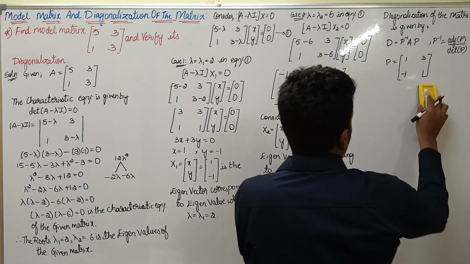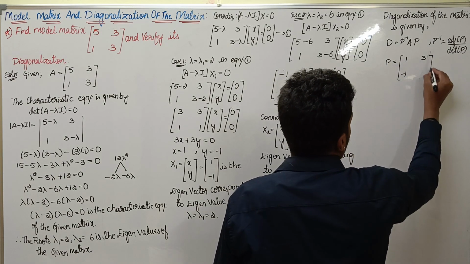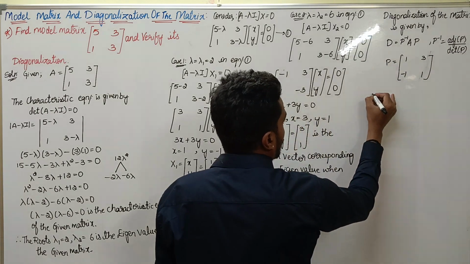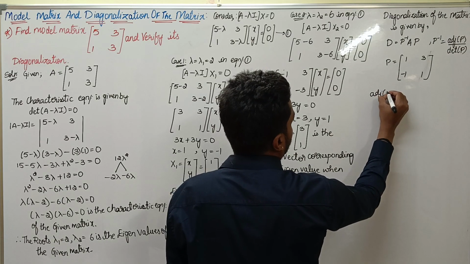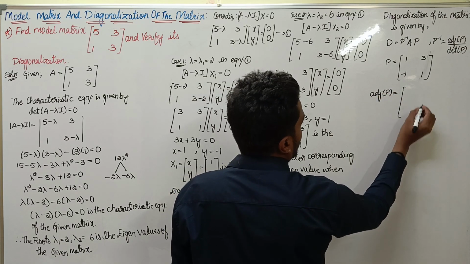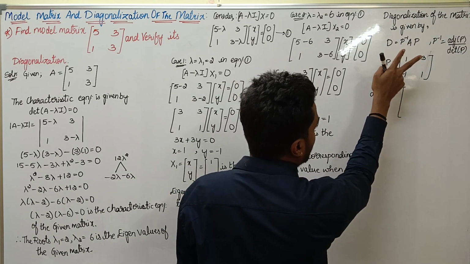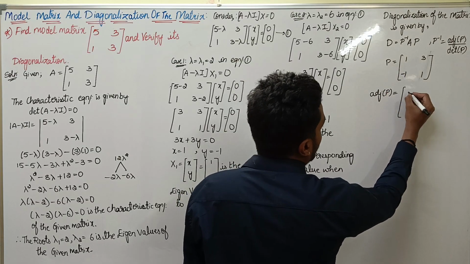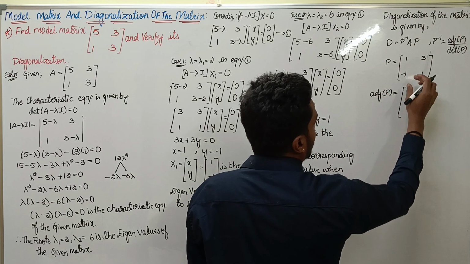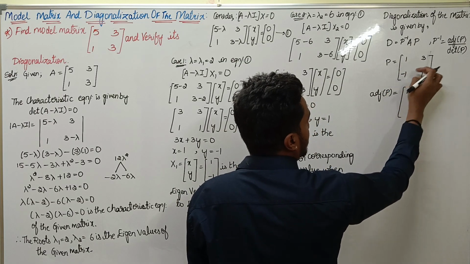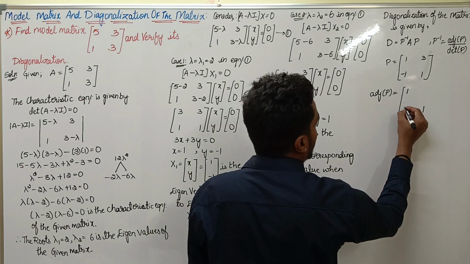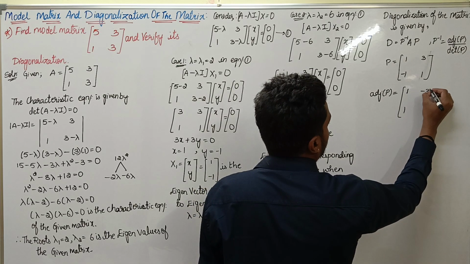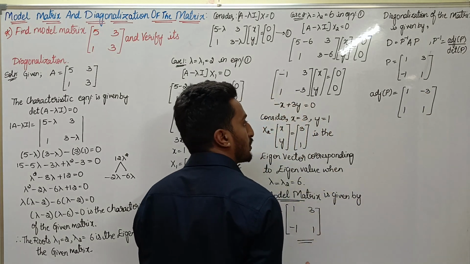Now for this P, to find the adjoint of P, it is very easy. Interchange the diagonal elements. Since the diagonal elements are the same, even if we interchange, we get the same. Now multiply the off-diagonal elements by negative: minus of minus becomes plus 1, and this becomes minus 3. It is very easy for a 2 cross 2 matrix.